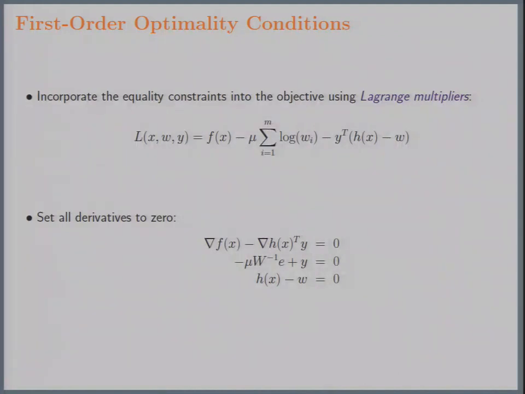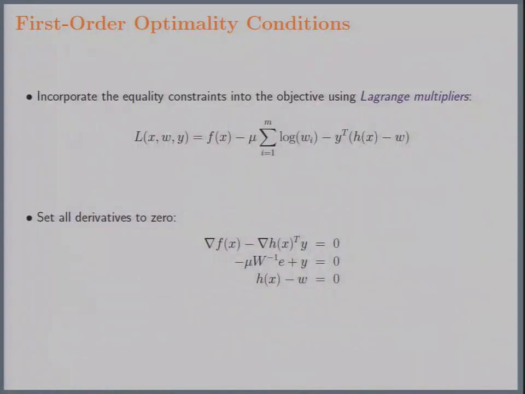So if I take derivatives with respect to x, now I'll use gradient notation because it's convenient here. The gradient with respect to x variables gives me the gradient of f. There's no x's here, so it's gone. And here I get the gradient, well, now you have to think about it a little bit.